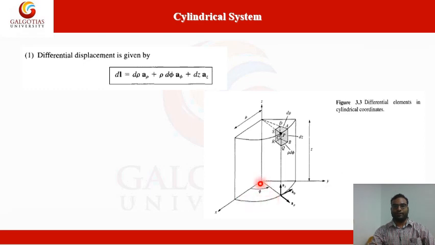The point makes a projection on the xy plane, and the distance of this projection from the origin is rho. The angle made by rho with the x-axis is phi.